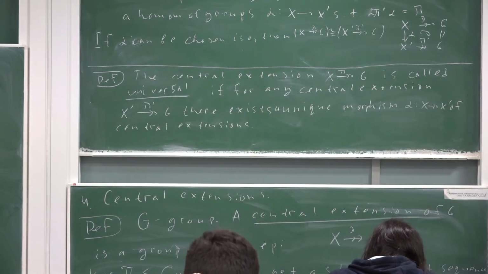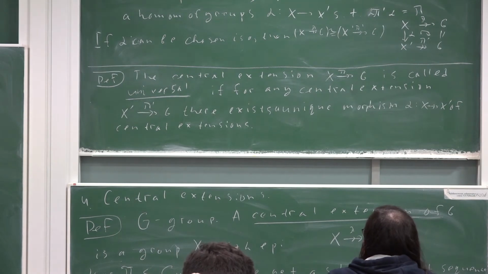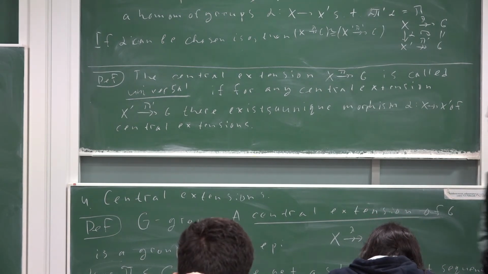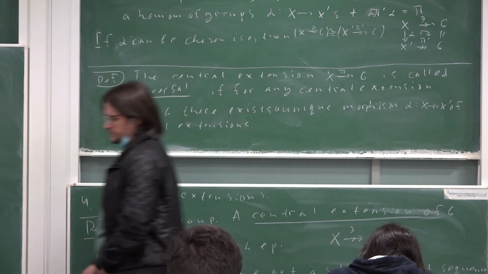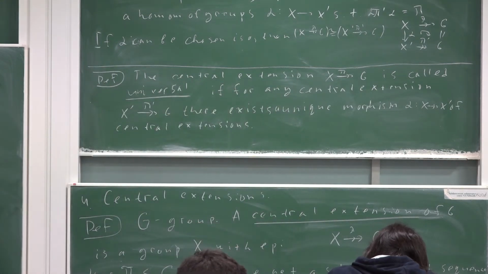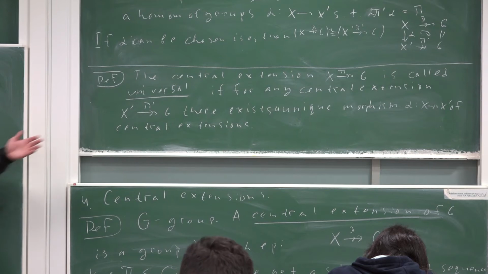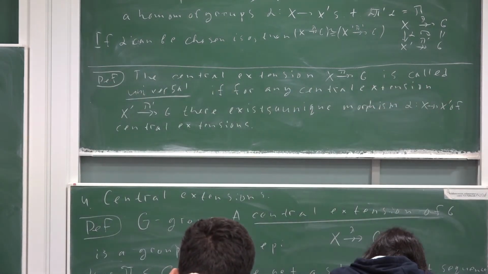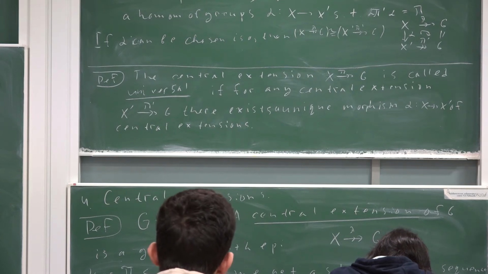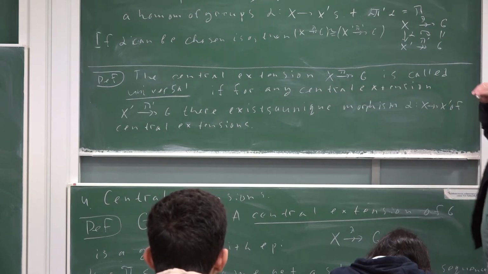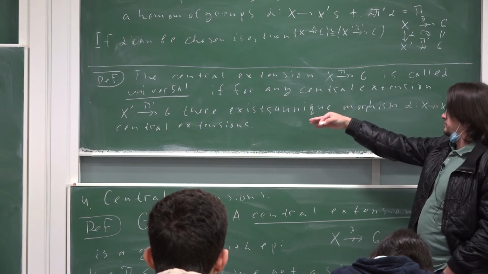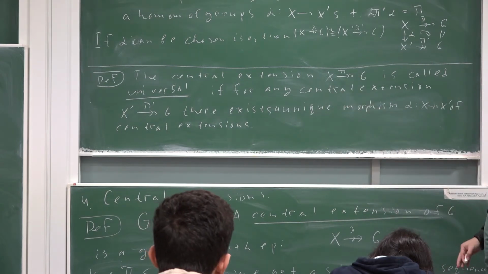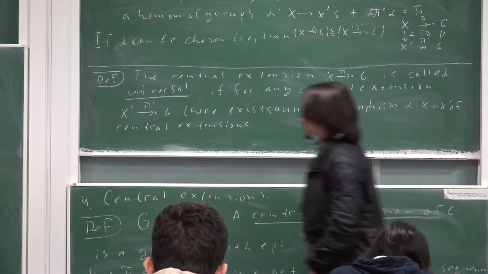Well, if we have a universal central extension, then all other central extensions can be described using it because they are parameterized by morphisms from X to somewhere that preserve G. Well, we will see this a little later.